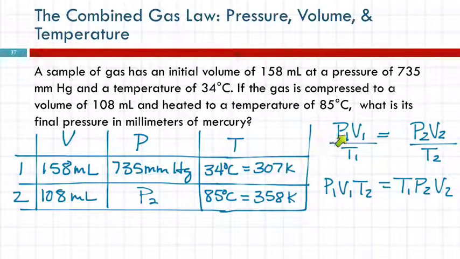Okay, so I cross multiplied. This top times that bottom equals this bottom times that top. And I'm looking for P2, so I divide by the other things that are next to it. I want the T1 to disappear. I want the V2 to disappear. If I do it to that side, I have to do it to the other side. Got to be fair.